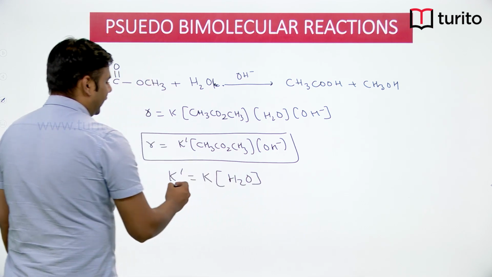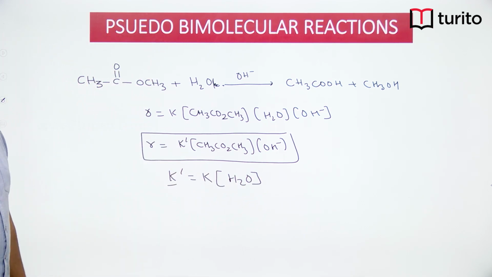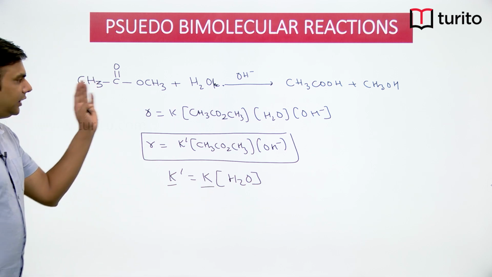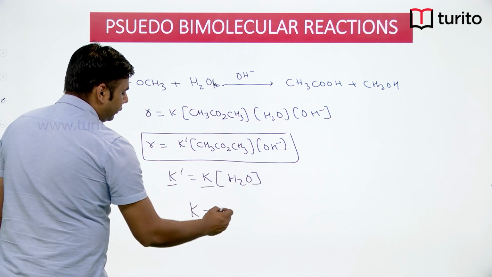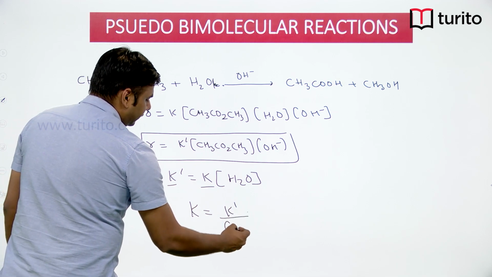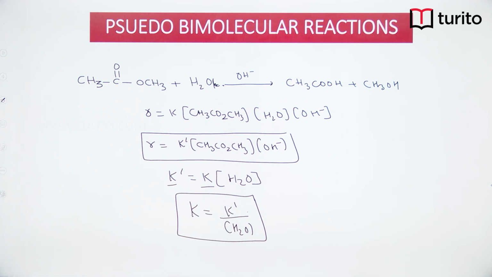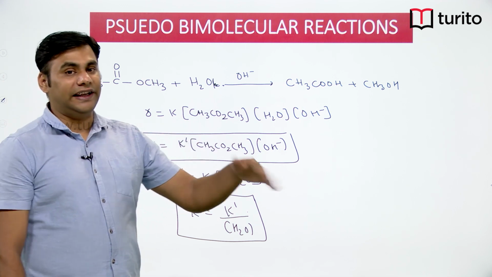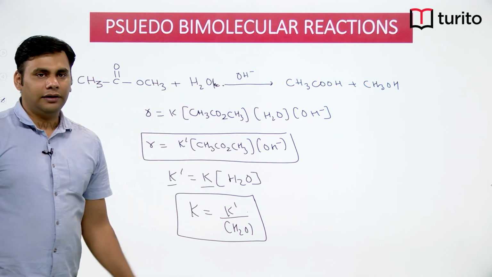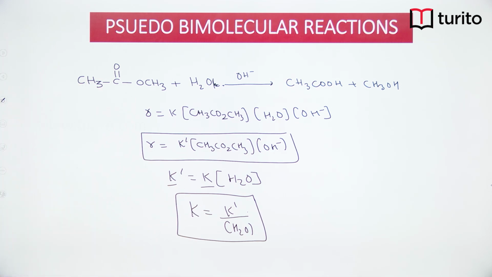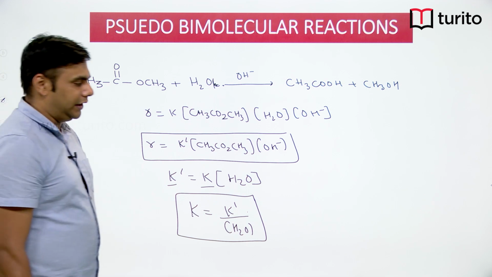K dash is the pseudo rate constant, the pseudo second order rate constant, and K will be the overall rate constant of the reaction. So we can calculate the value of K by dividing K dash by the concentration of H2O. I hope this is clear to everyone. So basically reactions in which the molecularity is 3, but the order is 2, are called pseudo bimolecular reactions.